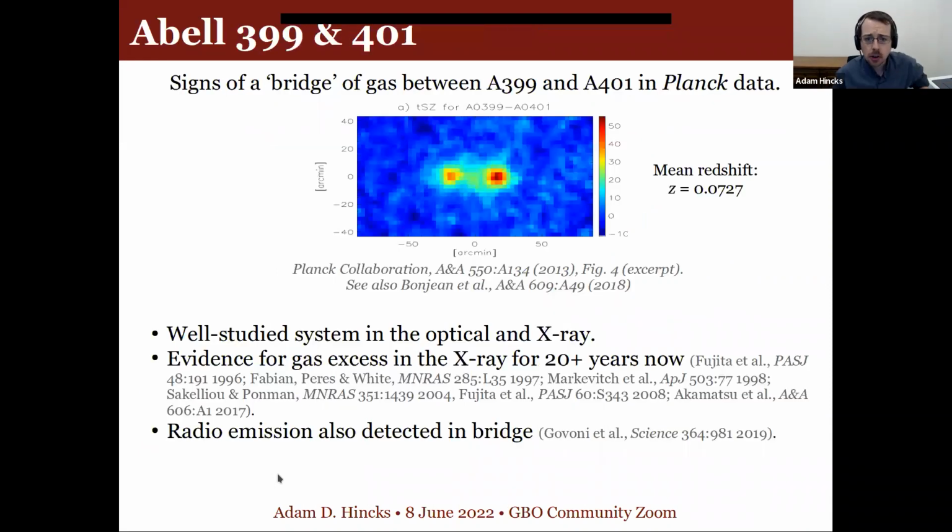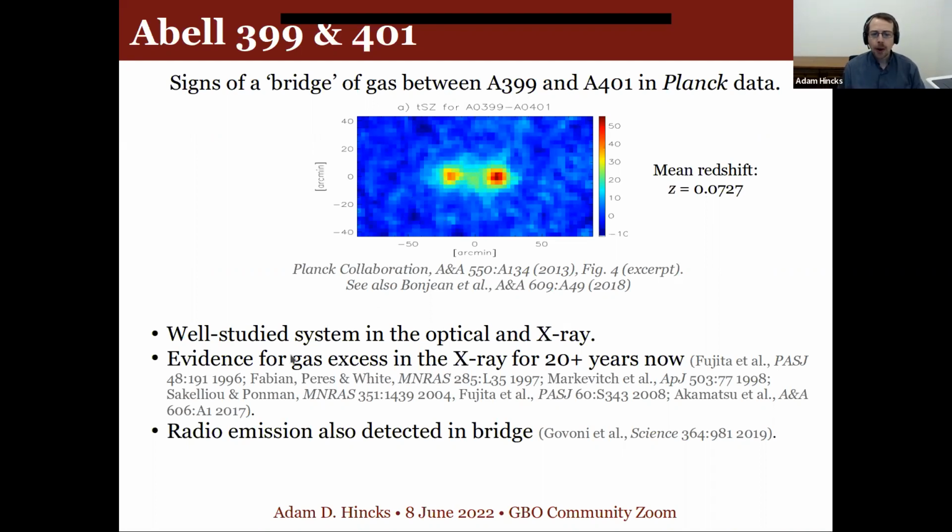And about 10 years ago, the Planck CMB satellite published a paper where they showed this map. So these are two galaxy clusters, relatively low redshift, shown here, Abell 399 and Abell 401. And they saw a so-called bridge of gas between these two clusters, which they advertised as a discovery of the missing baryons, or at least some of the missing baryons.